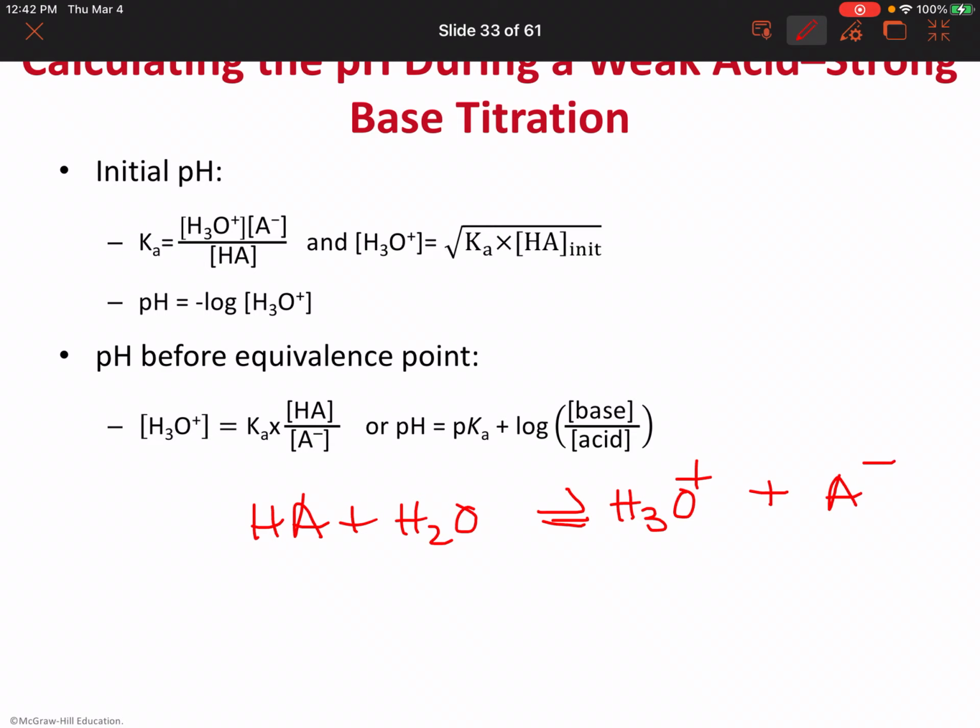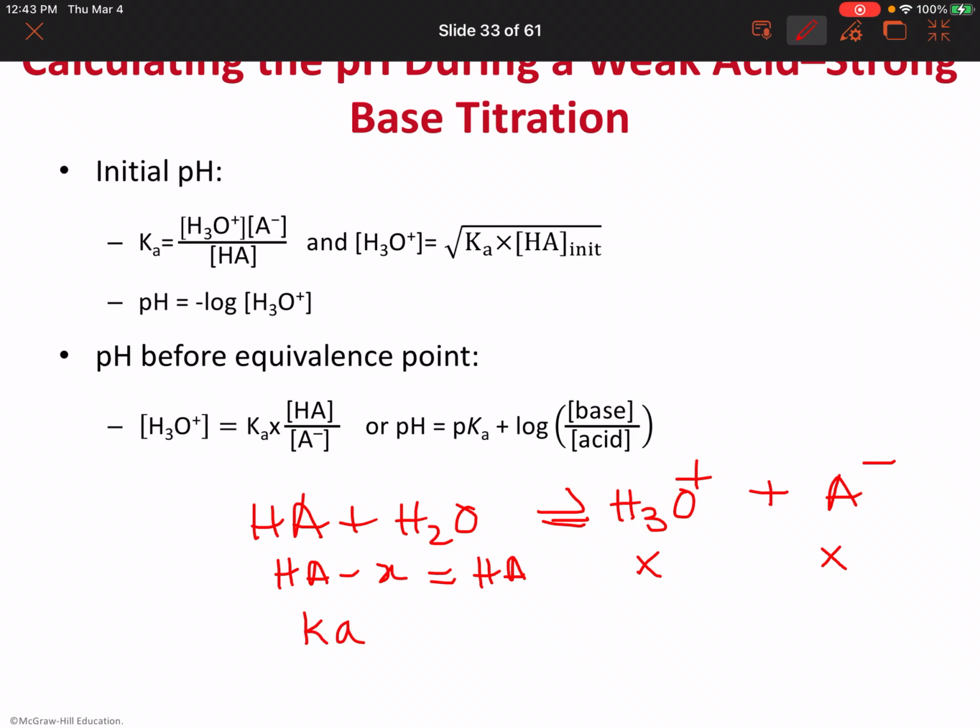Remember we did the ice table, initial amount and then the X amount like that. Let's say this is going to be HA initially, and then hydronium ion, let's say this is X, and HA minus X we said that we can consider as HA at the equilibrium.